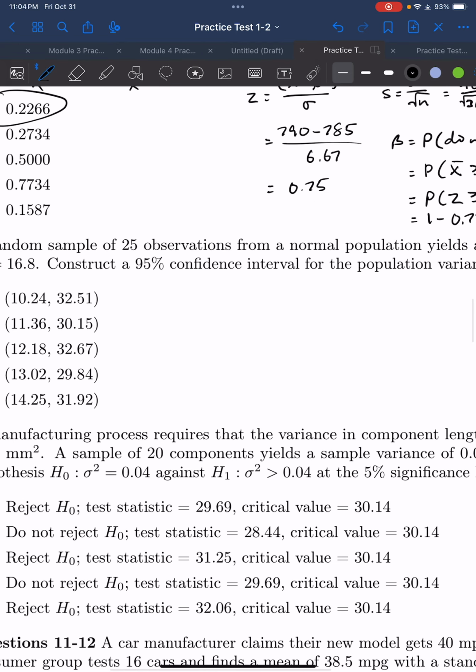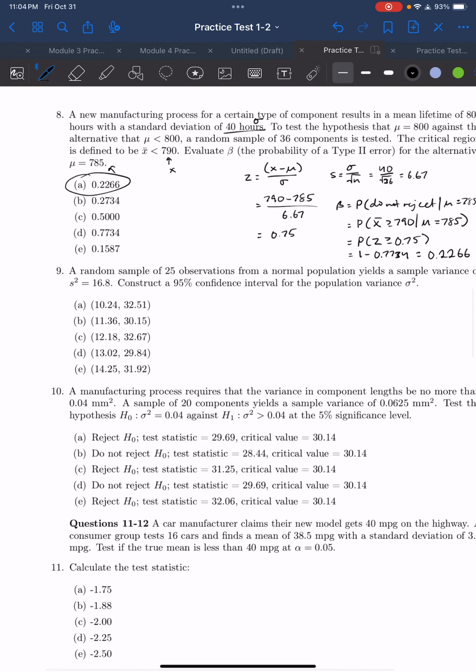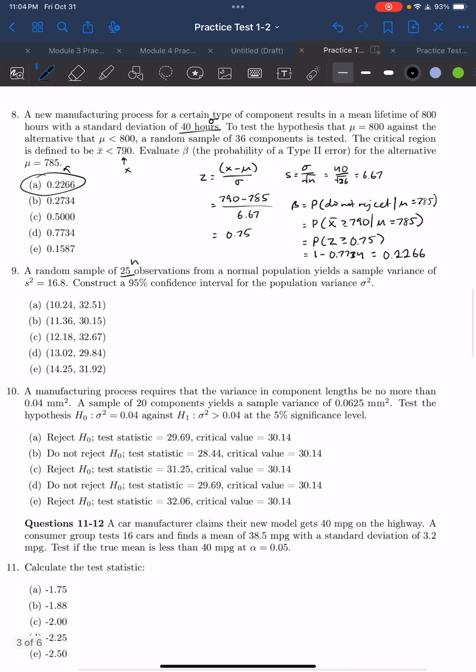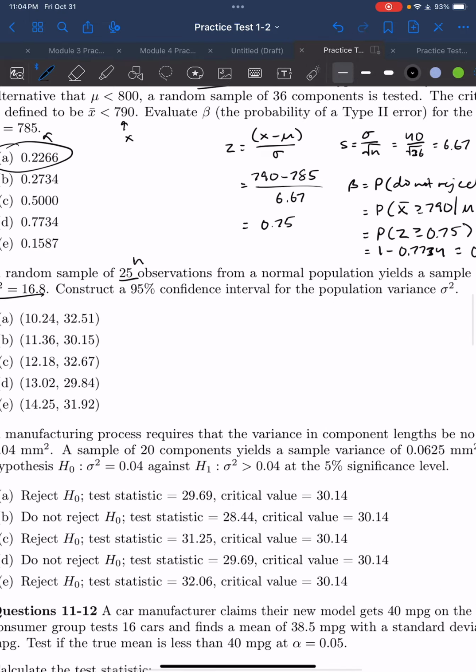So let's go back. And so what we need is our values. We have our n value, which is 25, and we have our sample variance, which is 16.8, and then we need to calculate our chi-square value. So we're constructing a 95% confidence interval, so that means our alpha is 1 minus 0.95, which is equal to 0.05.